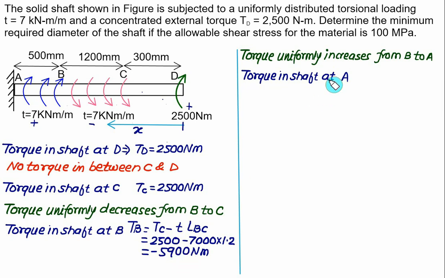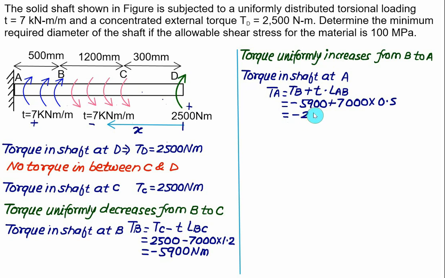So TA equals TB plus T times the length AB, which is minus 5900 plus 7000 into 0.5 meter.